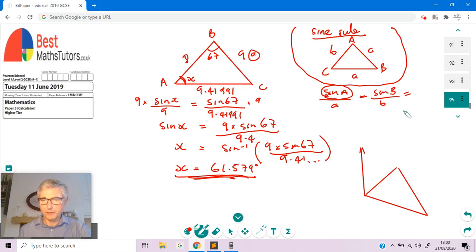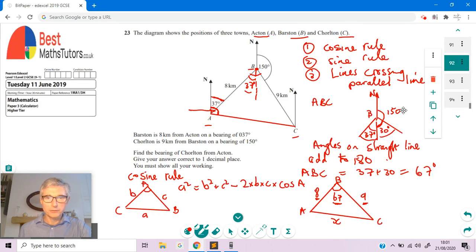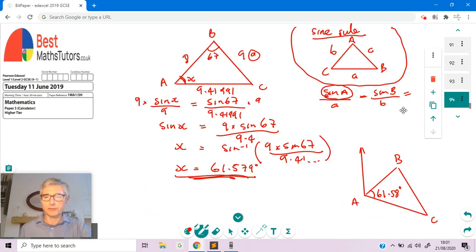So what we had, there was B, there was A, there was C, and we've just found this angle here, the 61.57, so I'll call it 61.58 actually, just round it up for the moment. And we were given this angle here at the beginning, and let's just look at what that was again. So, or we found it by using the lines crossing parallel lines. So we found that that was 37 degrees. So this one is 37 degrees.